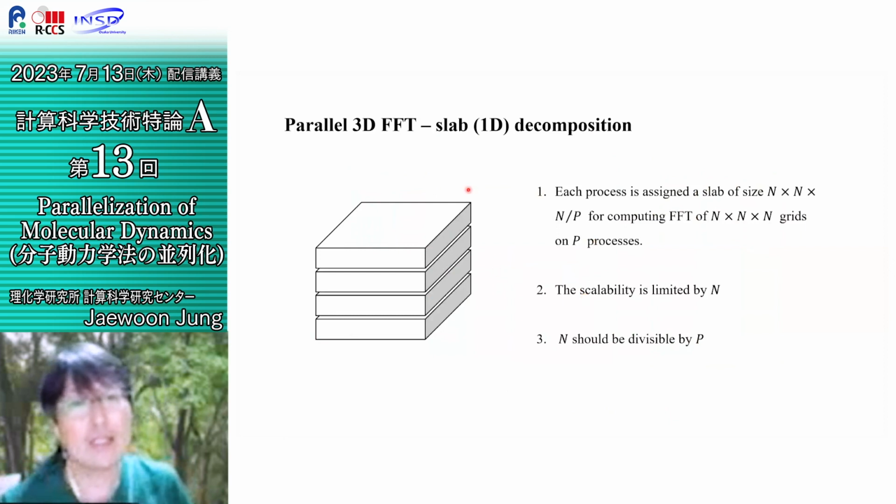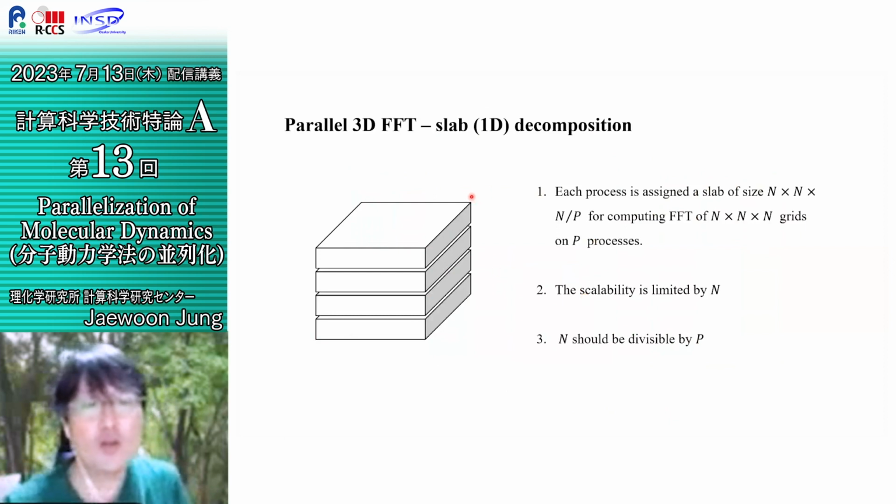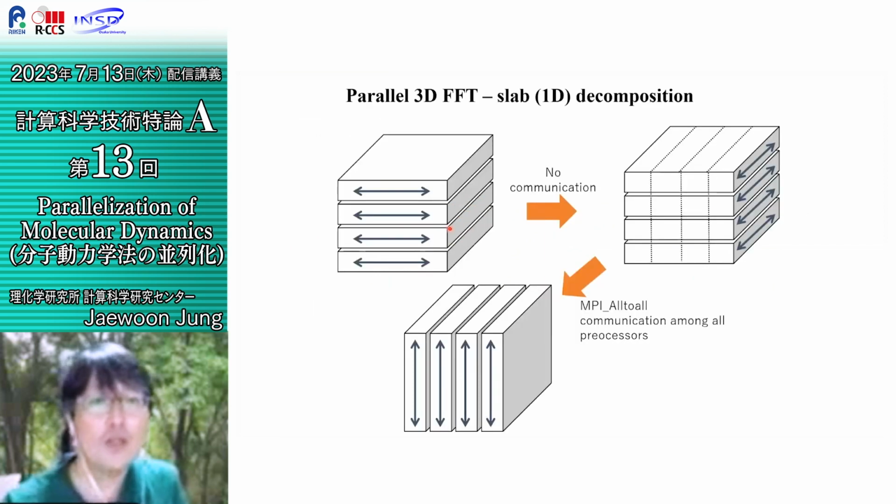In this case, we only divide along one dimension among the P processors. So each processor will have the data of this slab-like piece.